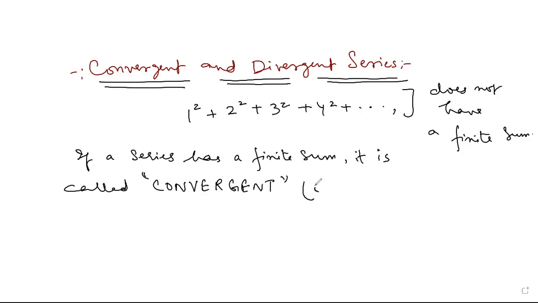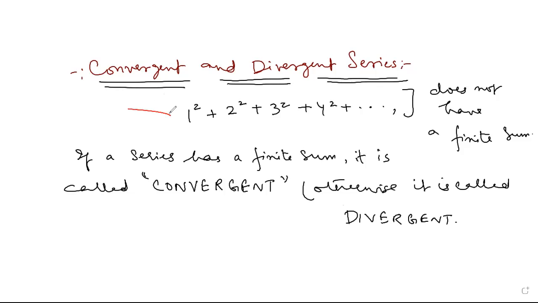Otherwise, it is called divergent. So when a series does not have a finite sum, it is called divergent. That means this series is divergent because it does not have a finite sum.